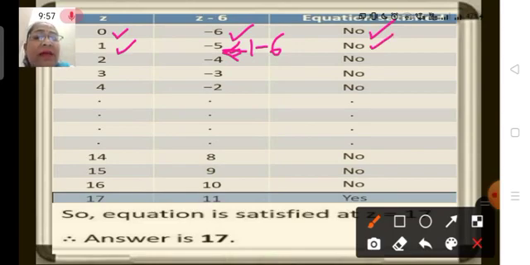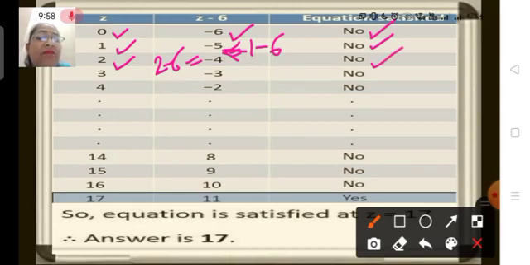Then we will take the value of z as 2. If we take z as 2, z minus 6 will become 2 minus 6, which is equal to minus 4. But we want z minus 6 as 11, and we are getting minus 4. That means z equals 2 does not satisfy the given equation.